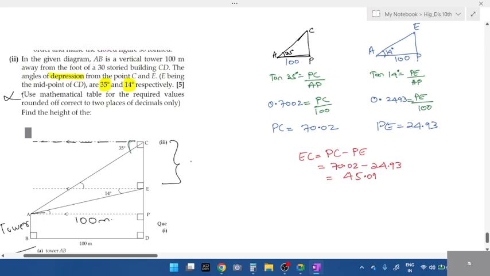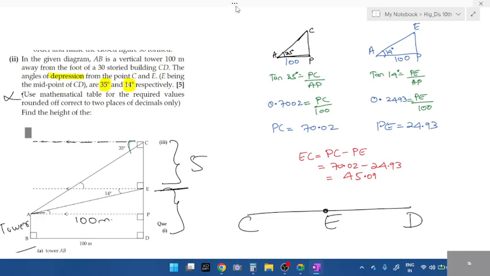See, if CE is 5, what about ED? If E is the midpoint, my question is ED, students. This is E. E is the midpoint of which one? D. So if CE is 5 centimeters, what about ED? 5. What did we get as the EC value?